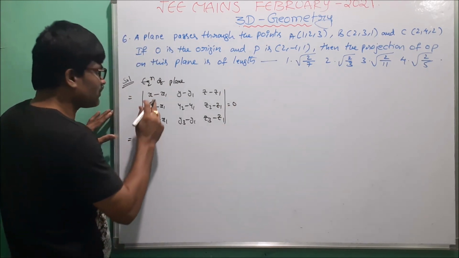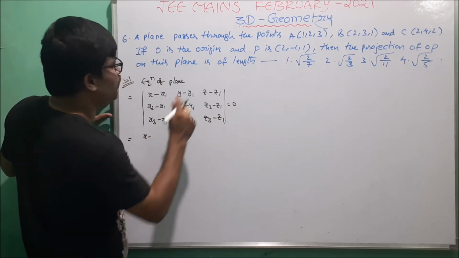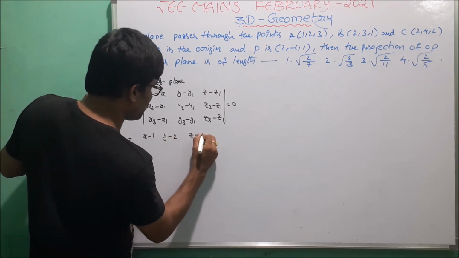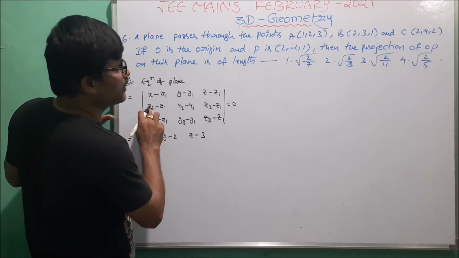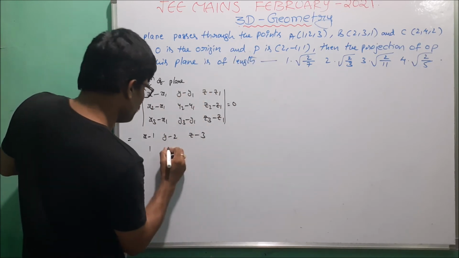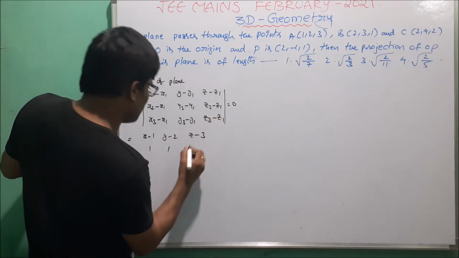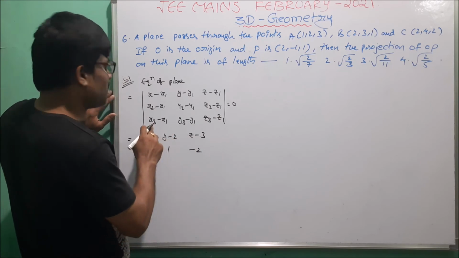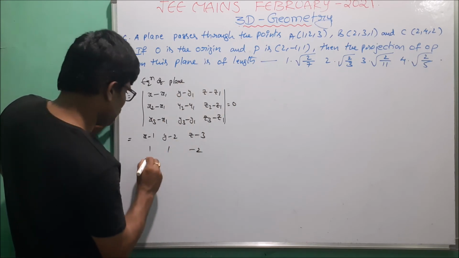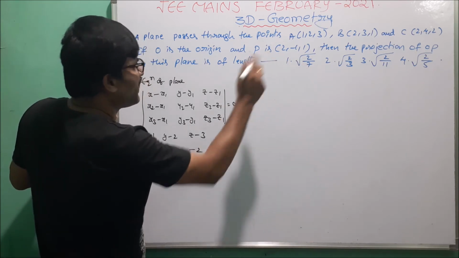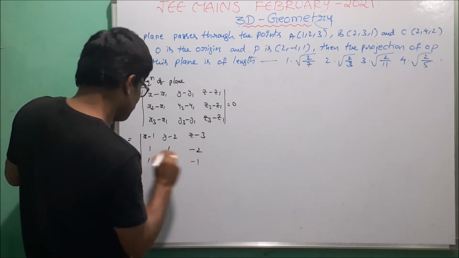Now we substitute the points. The first point 1, 2, 3: x minus 1, y minus 2, z minus 3; x2 minus x1, 2 minus 1, 1; 3 minus 2, 1; 1 minus 3, minus 2. Similarly x3 minus x1, 2 minus 1, 1; 4 minus 2, 2; 2 minus 3, minus 1.